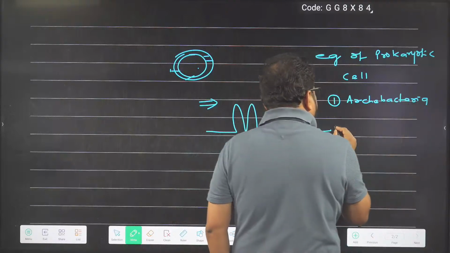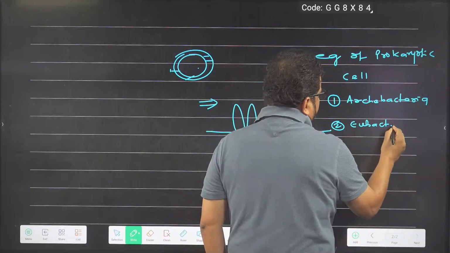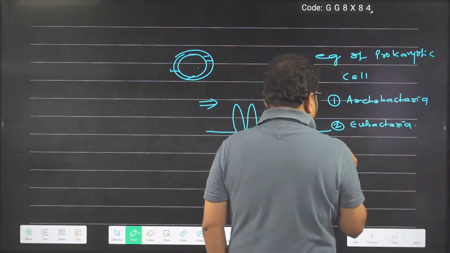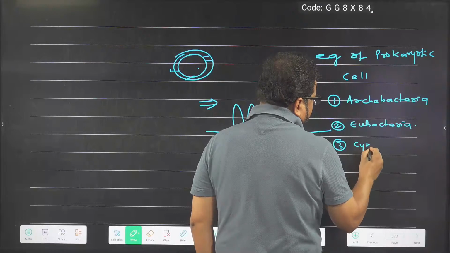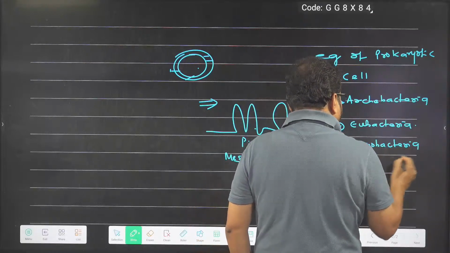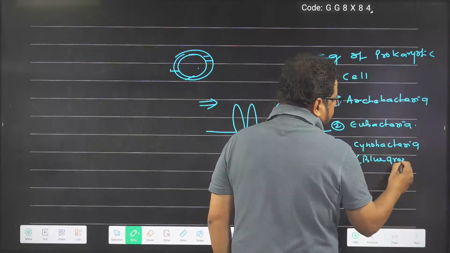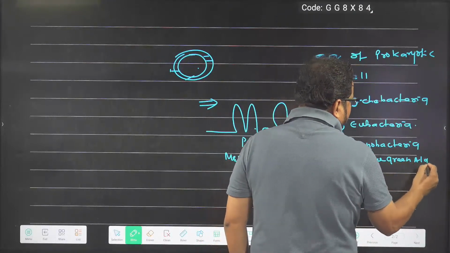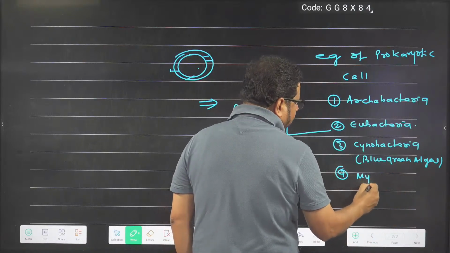Second example, Eubacteria. Third example, Cyanobacteria. Another name of Cyanobacteria is blue-green algae. Another example I am writing is Mycoplasma.